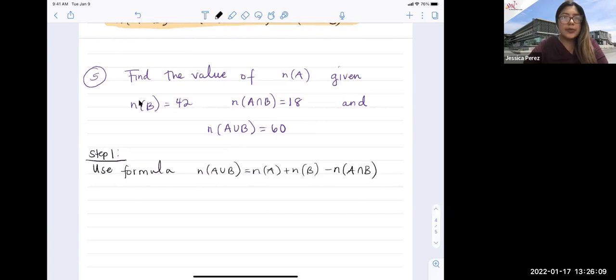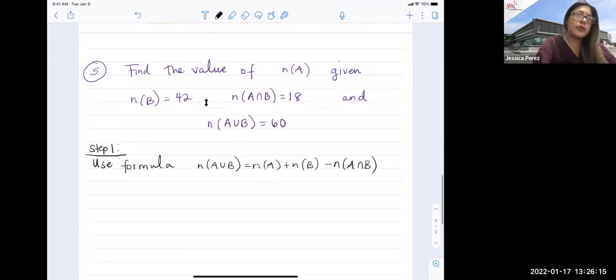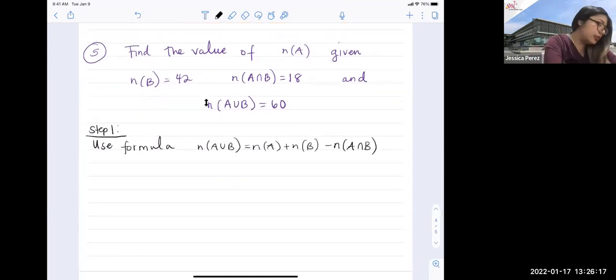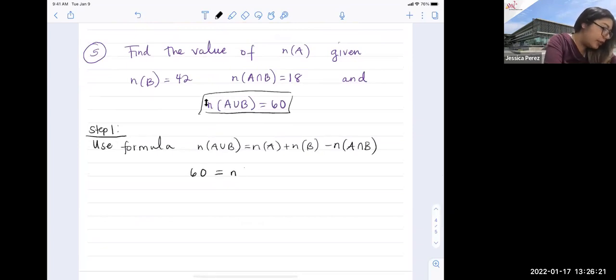So at this point, we have n of A union B is 60, equal to n of A. We don't know this, this is unknown for us. We need to solve for this. Plus n of B is 42 minus 18.